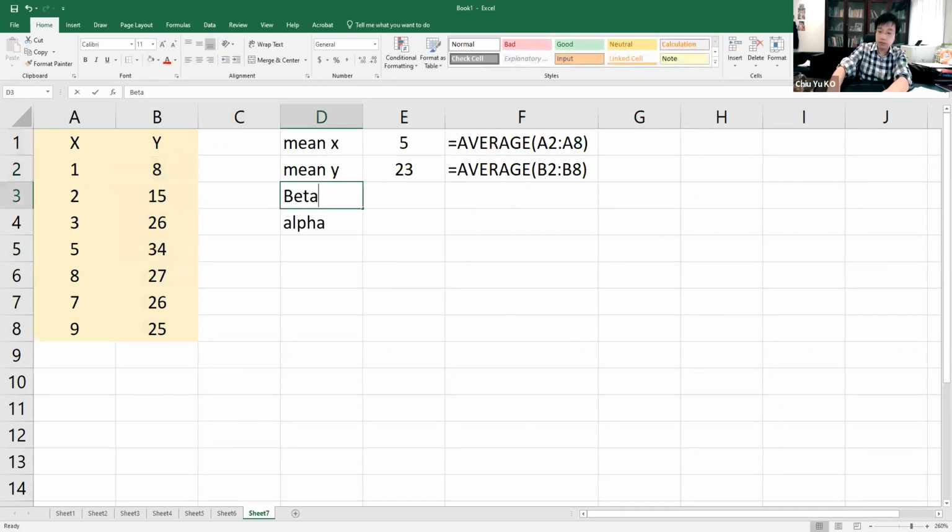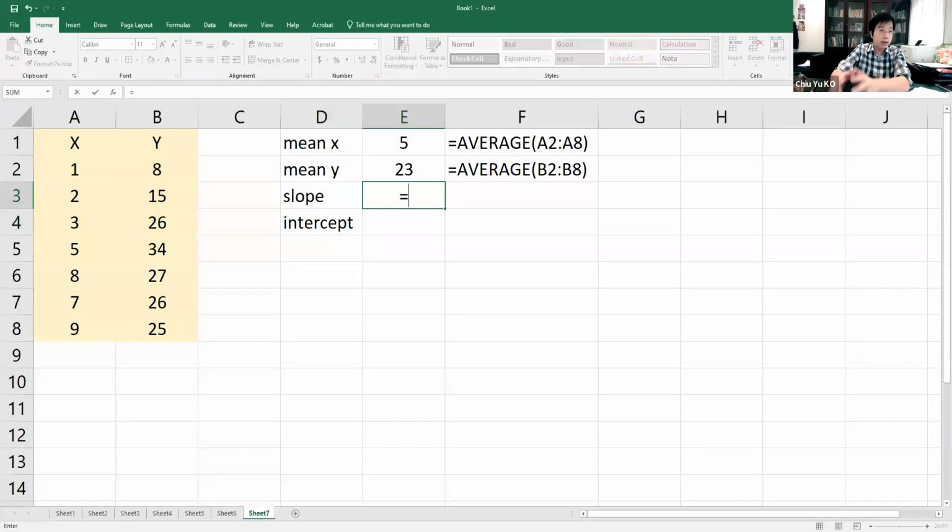Maybe I put slope and intercept. The slope will be just the covariance over the variance. For the covariance, either use P or S, it doesn't matter. If you use P in the numerator, then use P in the denominator. I use P because it doesn't really matter anyway.